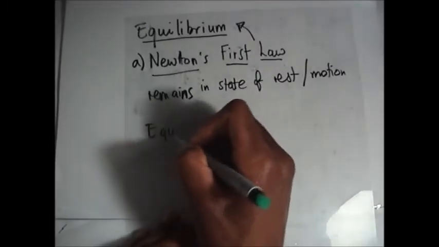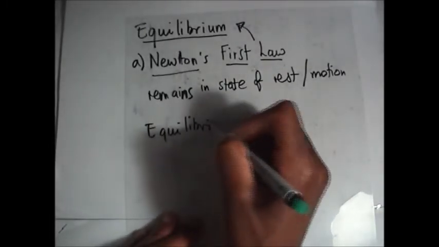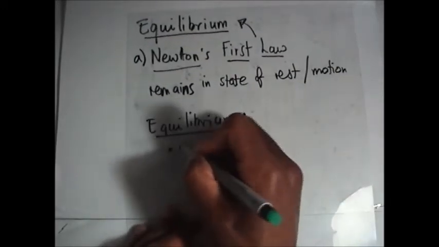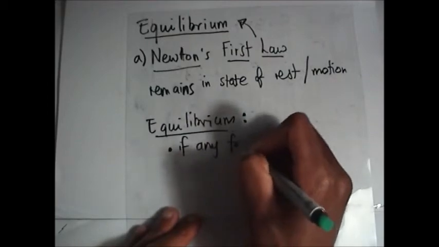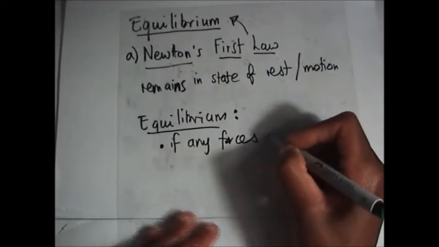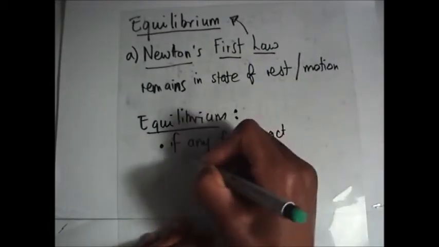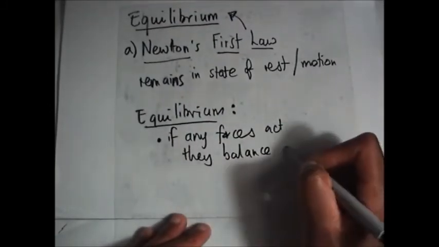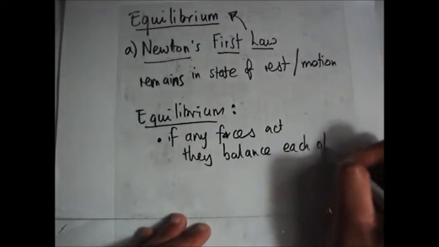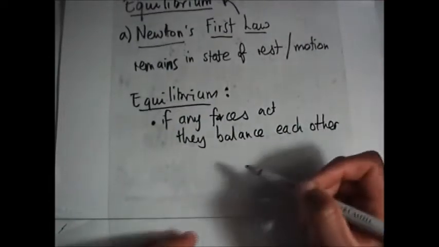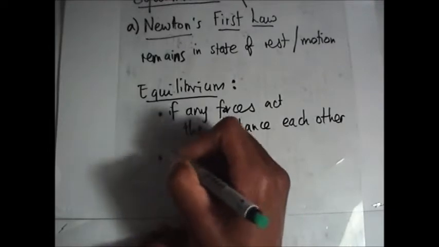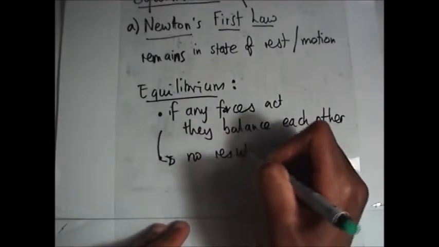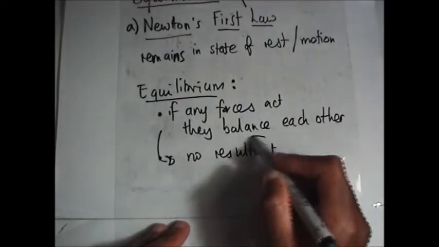Equilibrium is a state where, if any forces are acting, they balance each other out. This means there will be no resultant, and this is going to be very important when you're talking about equilibrium.